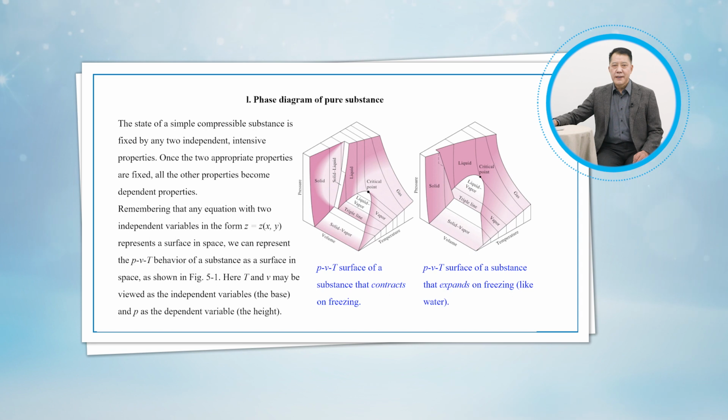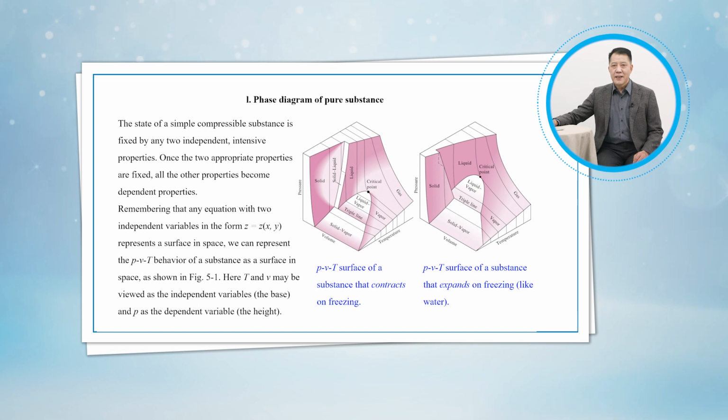All the points on the surface represent equilibrium states. All states along the path of a quasi-equilibrium process lie on the PVT surface, since such a process must pass through equilibrium states.